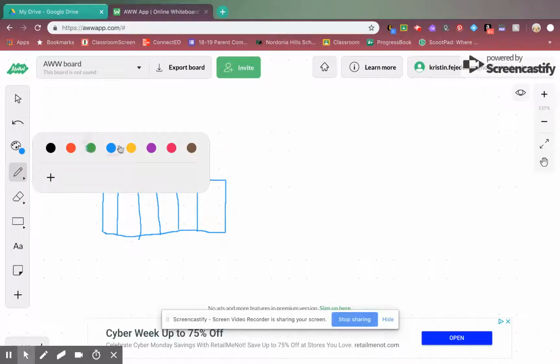This time, we are going to distribute 24 counters equally in this whole.